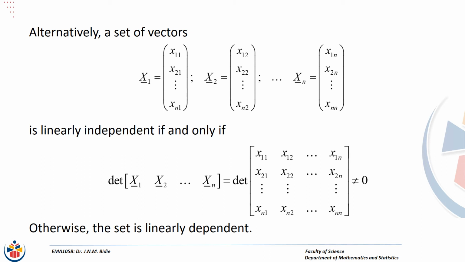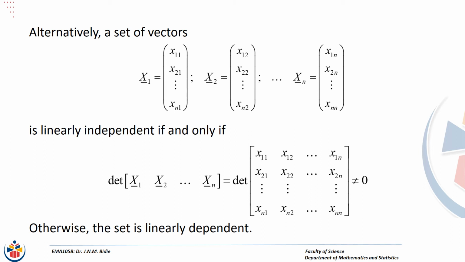As an alternative, we use what we call the Wronskian. But for simplicity, we'll just simply say the determinant of a matrix that is comprised of the vectors given as columns of that particular matrix. So if you are given vectors x1, x2, and x3, for instance, you put those three vectors in matrix format.